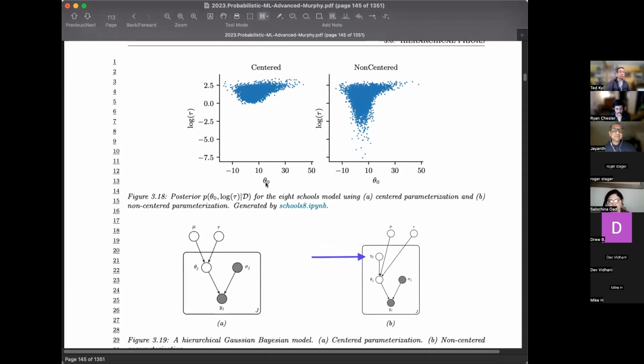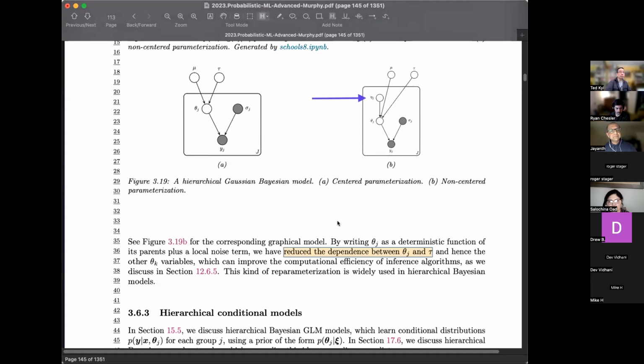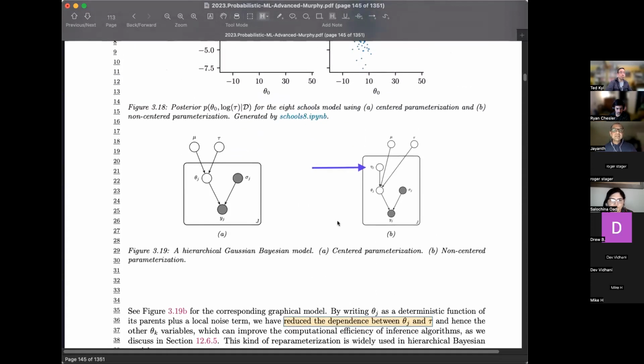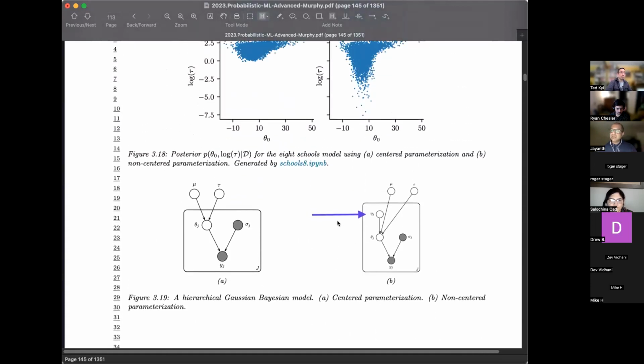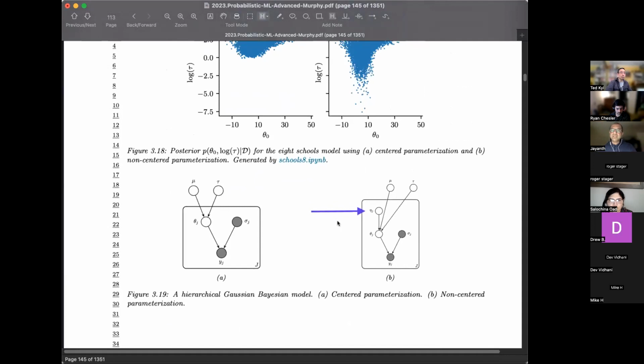You're right, because you're plotting theta versus log of tau, they're all tightly coupled here and less coupled here. But why would that result in a better model? I guess you're just giving the model more flexibility.